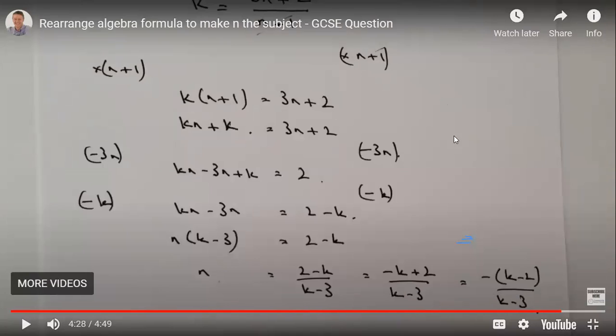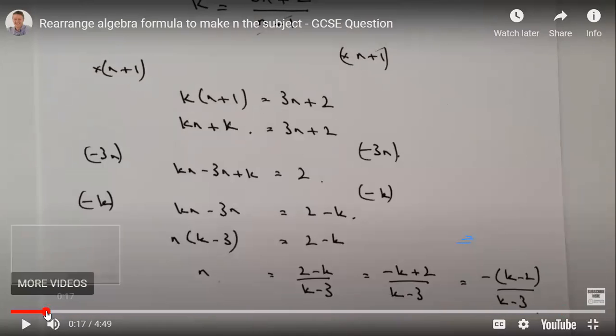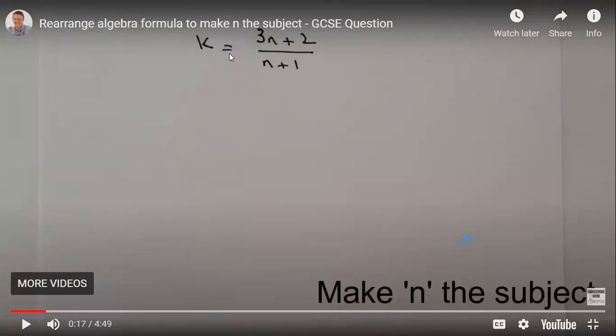but what this video is trying to explain is that if we have k is equal to 3n plus 2 divided by n plus 1, and our aim is to make n the subject of the formula.